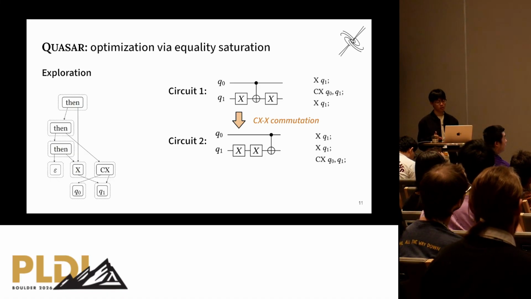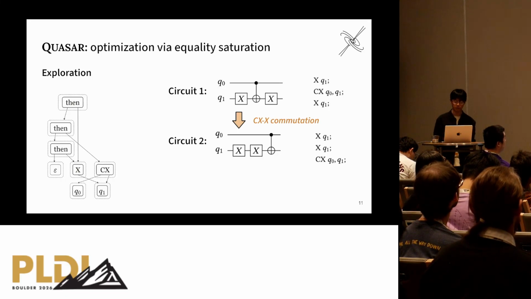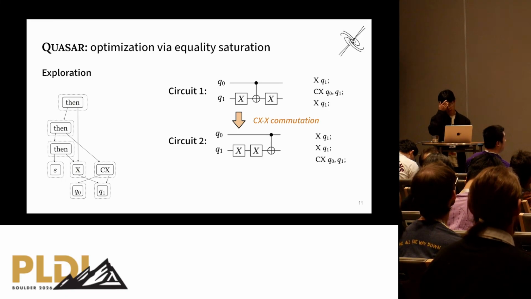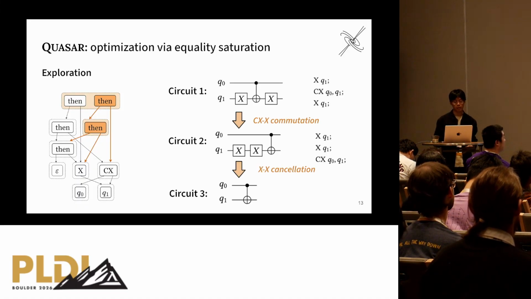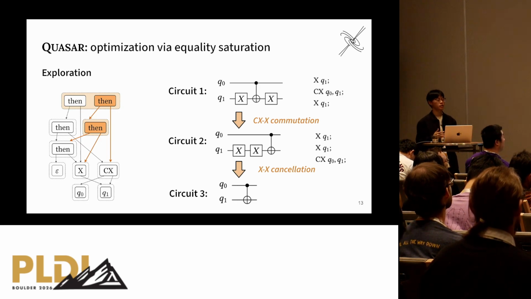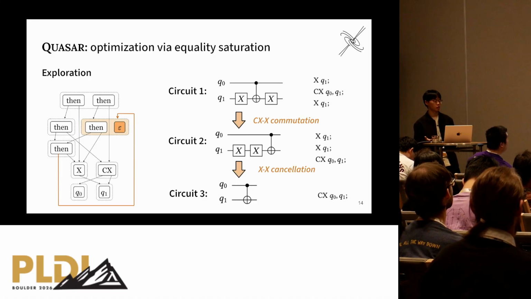For example, the circuit 2 rewrite will do a CNOT gate and NOT gate commutation and store such an intermediate optimization result into the same class as the original one. Then it will do a NOT gate cancellation that is matched with the circuit 2 variant stored in the E-graph, and this variant, circuit 3, will also be stored into the E-graph.